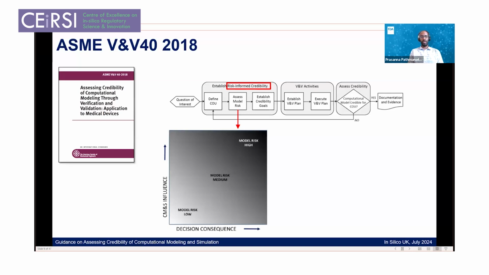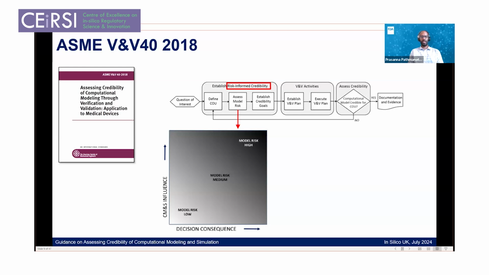If you made a mistake, what would the consequence be? Would it be some kind of minor consequence to a patient? Because typically the decision consequence is related to an adverse event for the patient. Would it be minor? Would it require hospitalization? Could it lead to death? And then it asks users to assess the model influence. That's the y-axis.